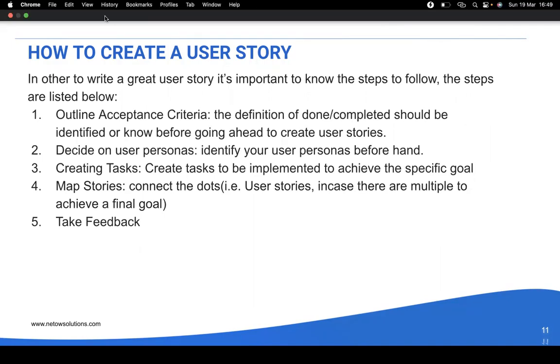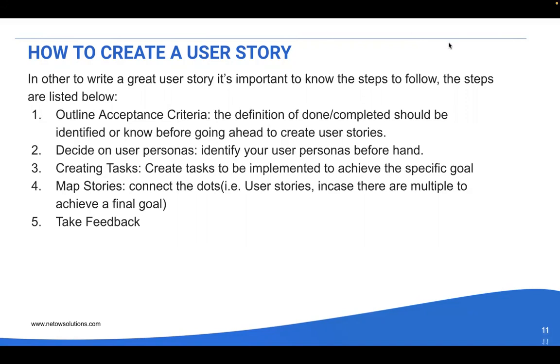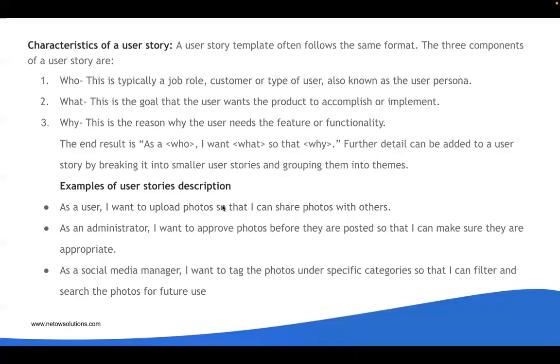Apologies, guys. So basically, when you're thinking about a user story, you're outlining the acceptance criteria, which is the definition of what is done, completed, or should be identified during the process. When you're deciding on the user's persona, you're identifying the user's persona beforehand. This is kind of self-explanatory if you want to read through it more.